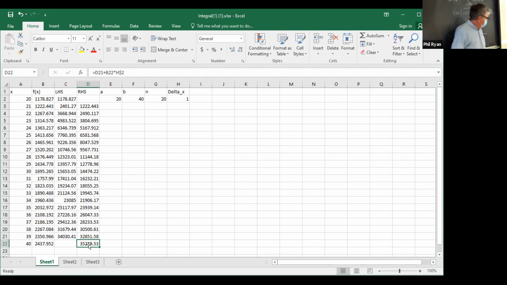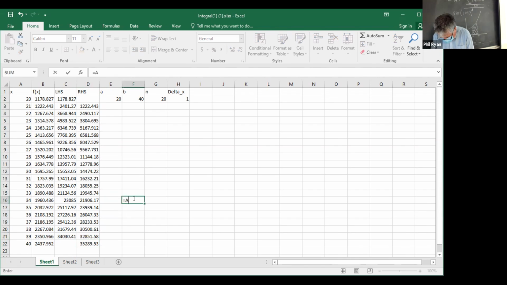And so we see two values, the left-hand sum and the right-hand sum. So let's take the average of the two. Let's take equals average of C21 and D22.